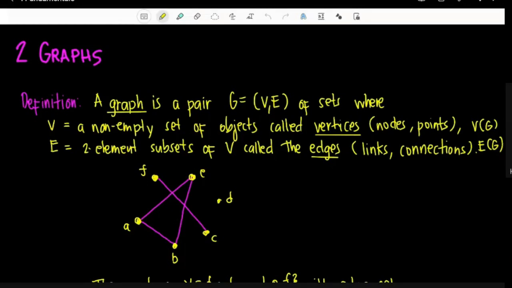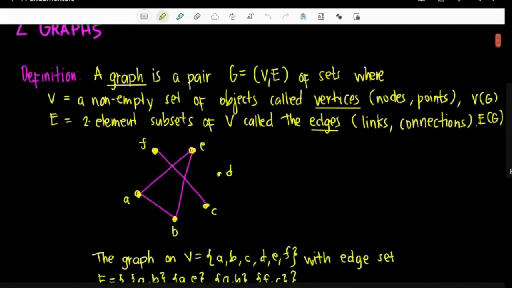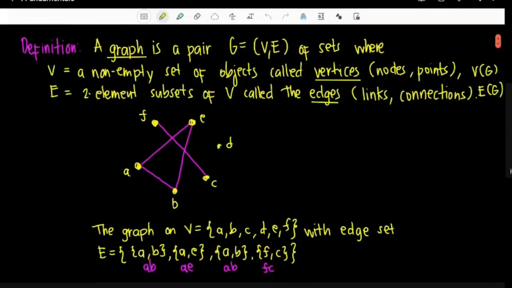So this is an example of a visual representation of a graph whose vertex set are the points A, B, C, D, E, and F, and the edges are the links between the points: AB, AE, BE, and FC. Alright, when there is no confusion, we can disregard the subset notation.